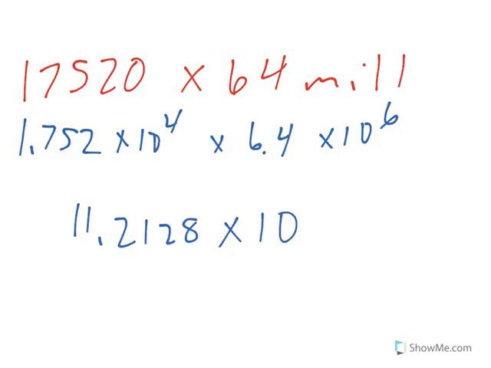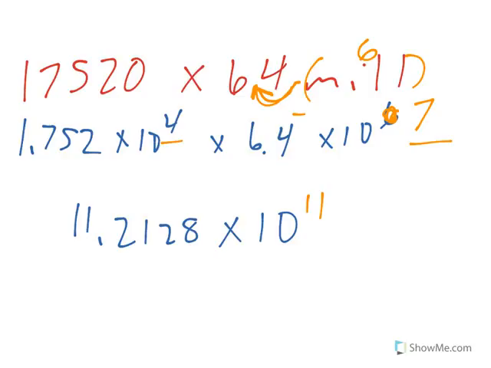Did you guys catch my mistake? Because I almost didn't. Million is 6. Move it one more. This needs to be a 7. 6.4 times 10 to the 7th, because I moved my decimal. Whew! Sleeping on the job. So I've got 11.2128 times 10 to the... no, gosh dang it, 7 plus 4 is 11.